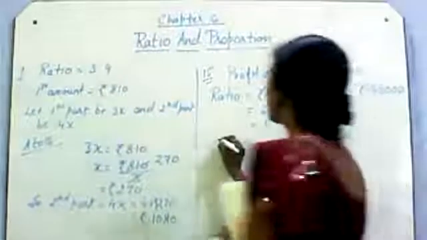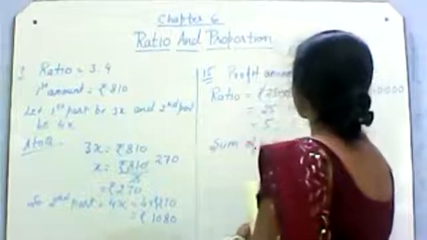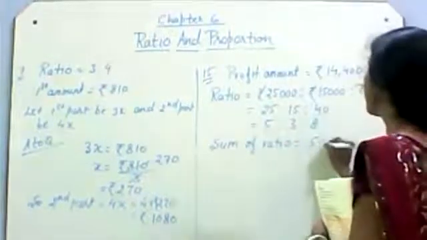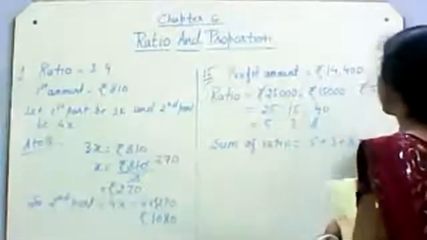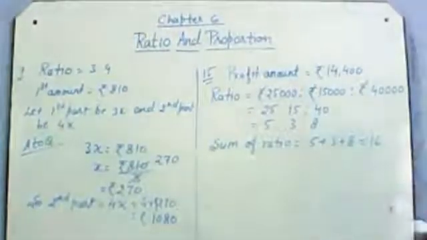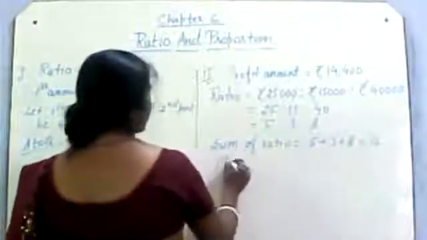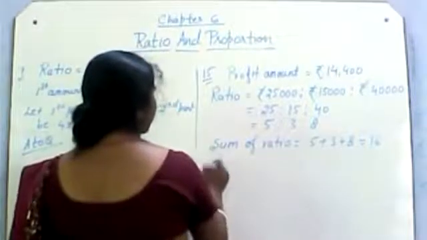Now find out the sum of ratio. That is 5 plus 3 plus 8, 16. Sum of ratio is 16. Okay. Now first person. Profit of first person, you write like this.